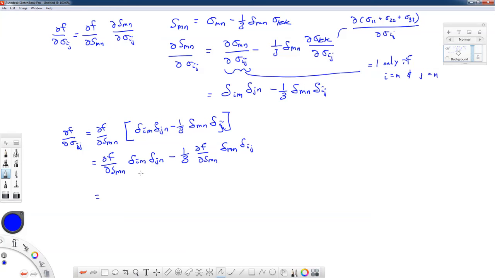Using our Kronecker deltas, acting as a replacement operator, we can replace the m with an i and the n with a j. So here on our first term we have the partial derivative of f with respect to Sij. And on this next term, we have 1/3, Kronecker delta Ij, and then the partial derivative of f with respect to Smm.